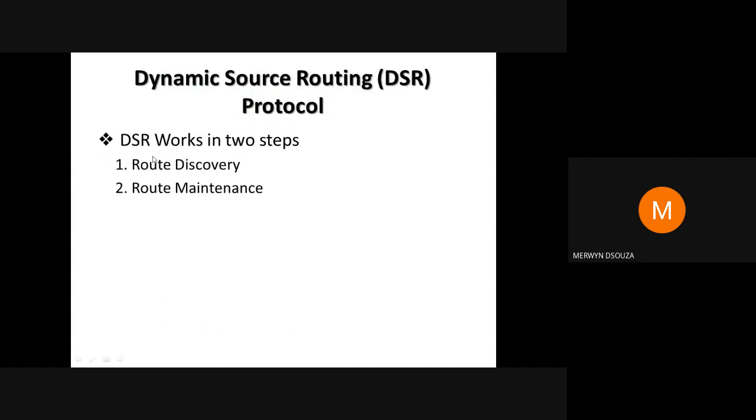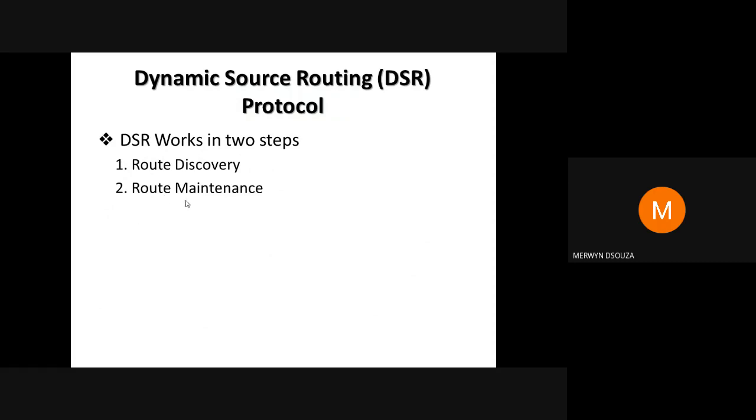So basically DSR works in 2 steps. The first one is route discovery and the second one is route maintenance. By route discovery, we will discover the route to a particular destination where the packet needs to be sent.